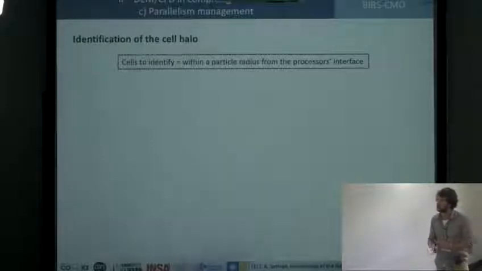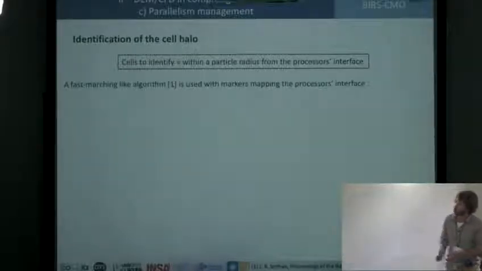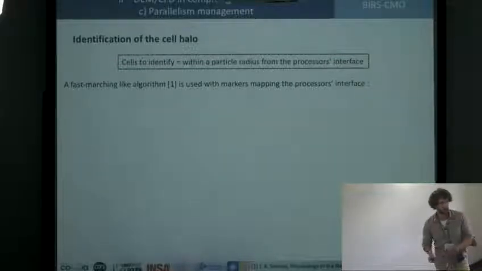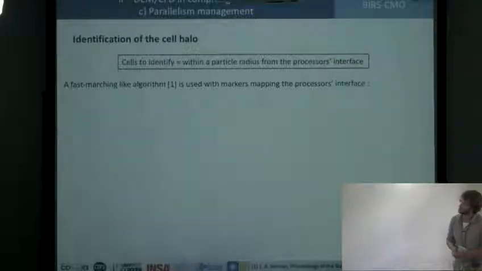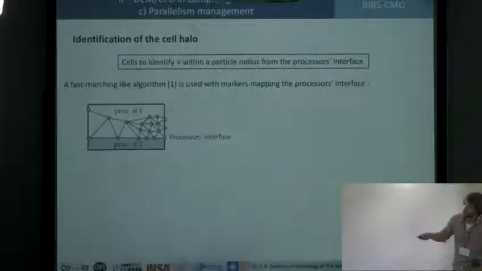So what we do is, again, with the statement that we don't need to identify more than the particles that are really close to the processor's interface, we use a fast marching-like algorithm that looks a bit like the ones used for level set methods. It uses markers to map the processor's interface in this fashion.